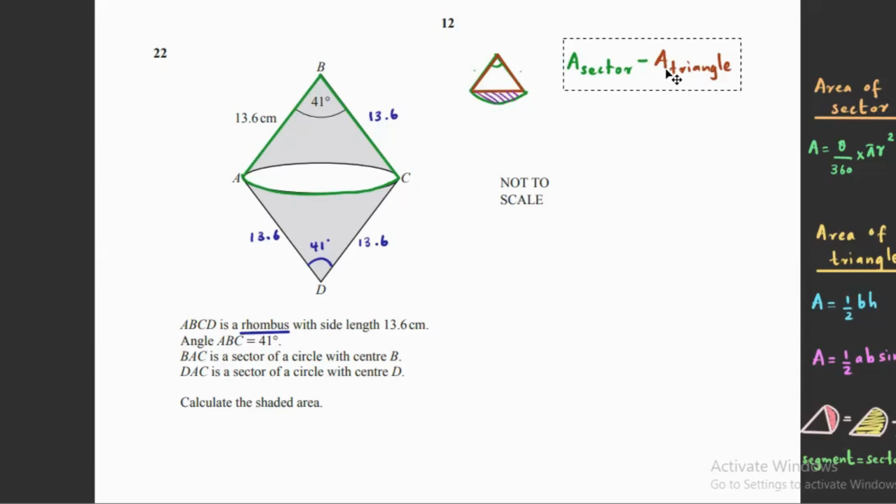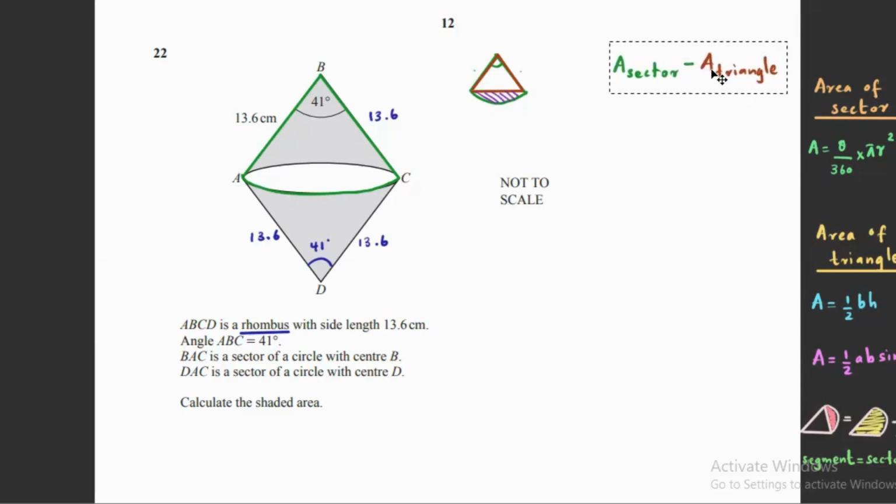That means if I'm to find the area of the segment, I'll write it here. So area of the segment means from the area of the sector, I need to deduct the area of the triangle. Now, when I do that, I get this portion, which is this region that I have here. This is the unshaded region.